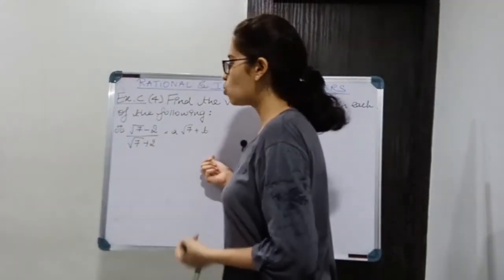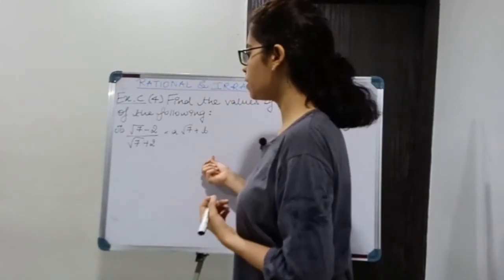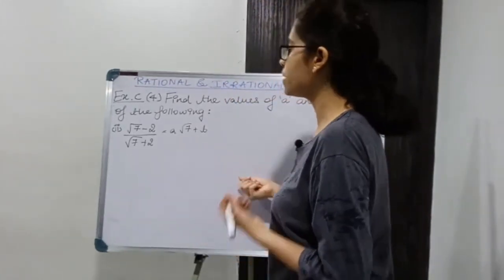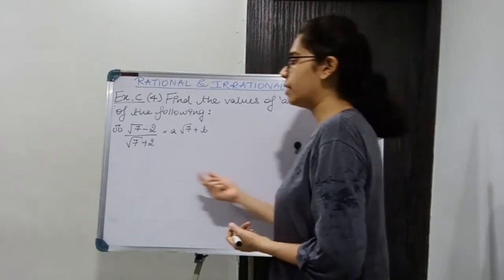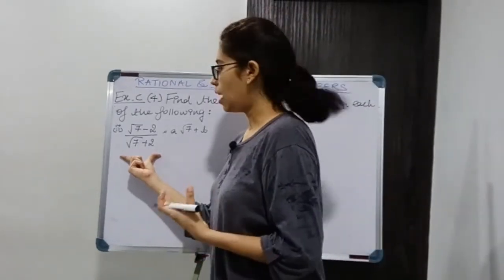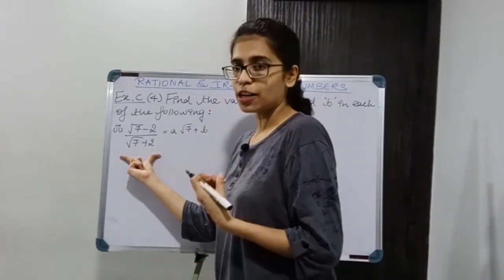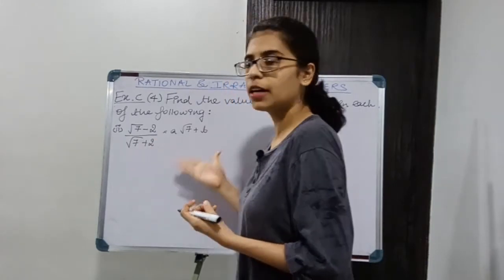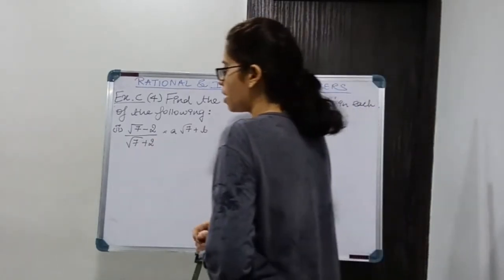Second sum is root 7 minus 2 upon root 7 plus 2 is equal to A root 7 plus B. Now LHS में I have to solve first. I have to rationalize the denominator and then I will compare both LHS and RHS.